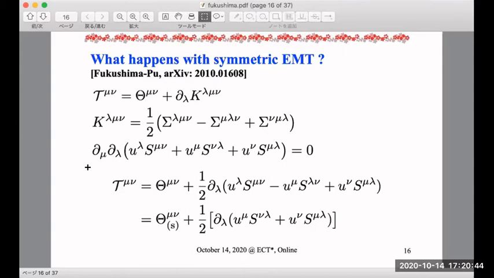So if you have 6 more components in your hydrodynamic equations, then you need 6 more equations. And the 6 more equations are provided by the divergence of the spin tensor equal to the antisymmetric part of T mu nu. So you have 6 additional dynamical equations, which allow you to solve for the spin potential once the initial conditions are given.